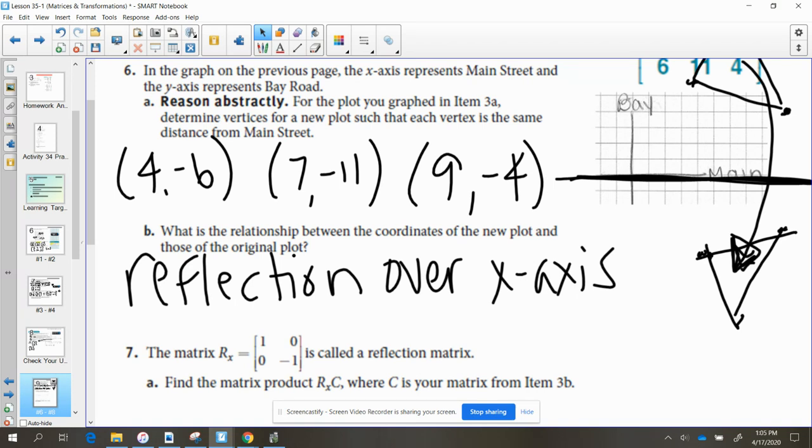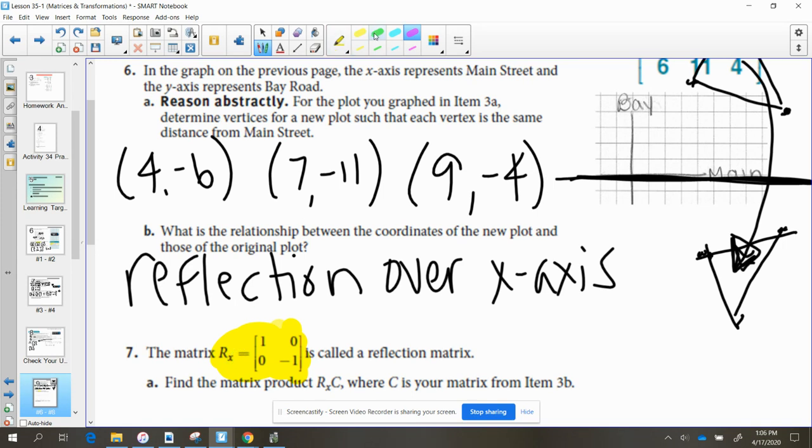And at the top of page 501, extremely important here, notice this representation. Here, I'm going to highlight this representation. It's called a reflection matrix. And notice it's for the reflection over specifically the x-axis down here.